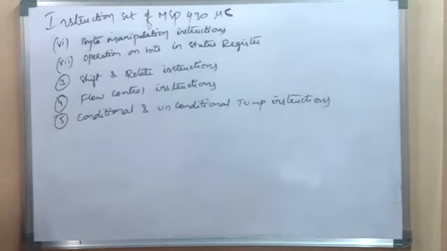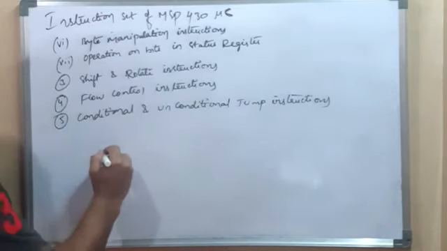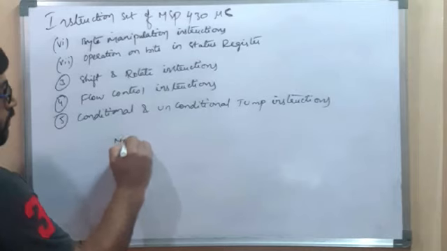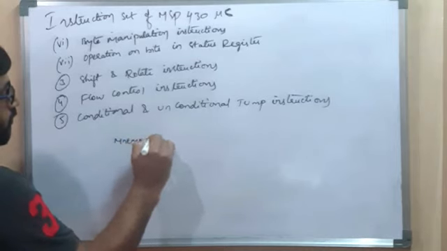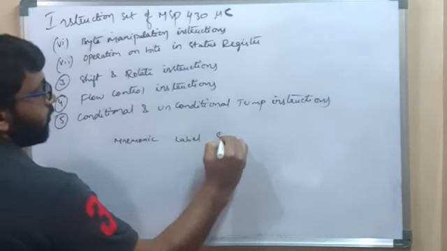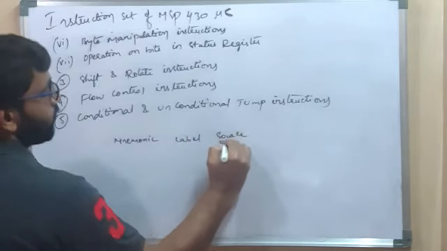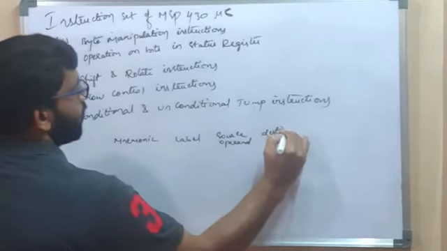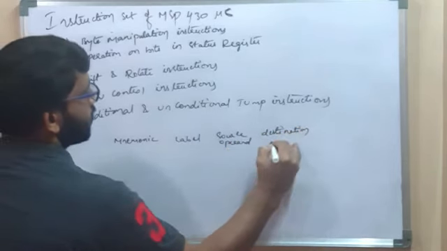Before discussing all these instructions, let us see the instruction format. What is the instruction format of the MSP430? It contains a mnemonic, data type, source operand, and destination operand.